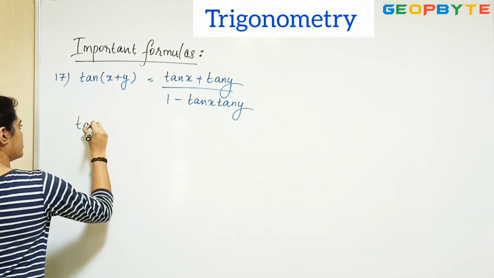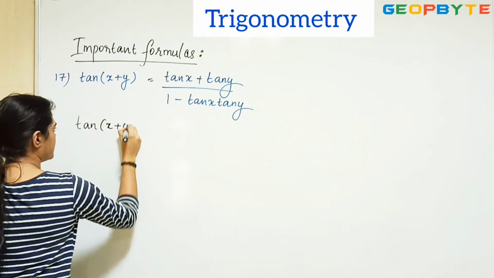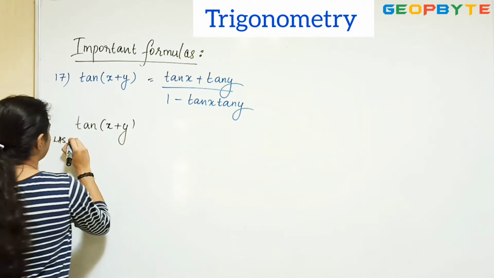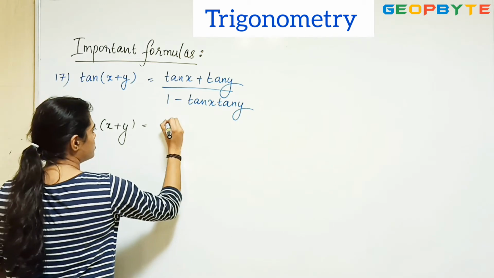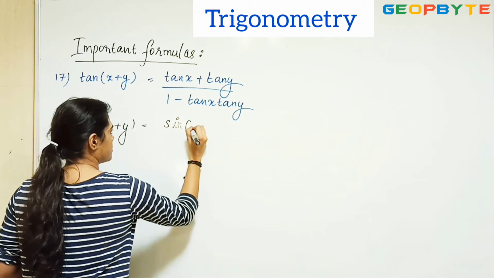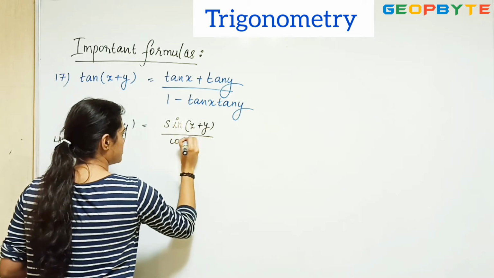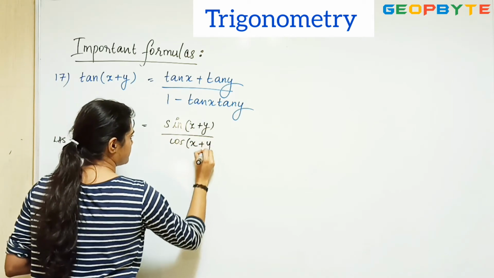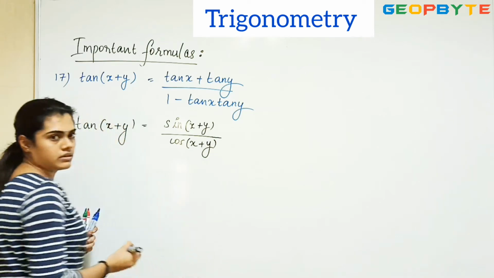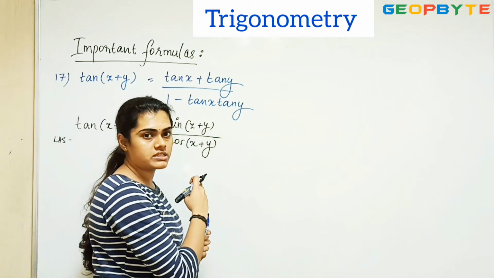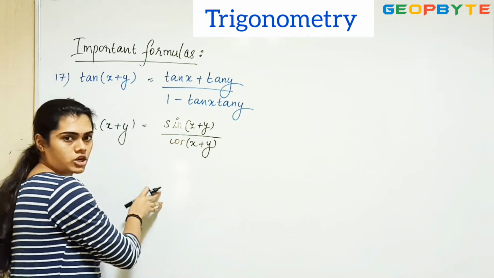We know that tan of x plus y, this is our LHS, right, equals sine of x plus y by cos of x plus y. We know there is a formula for sine and cos from the previous discussion.